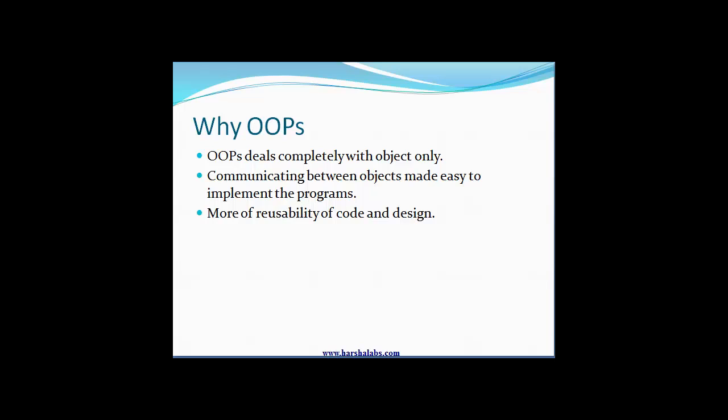Suppose there is a person who drives a car, a bike, a cycle. The person is an object and the vehicle is an object, and everything we are dealing with is an object. If we design objects this way, there is more reusability, the design looks good, and it is easy to maintain.